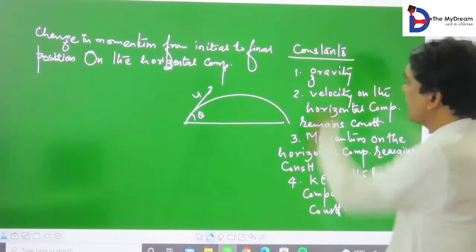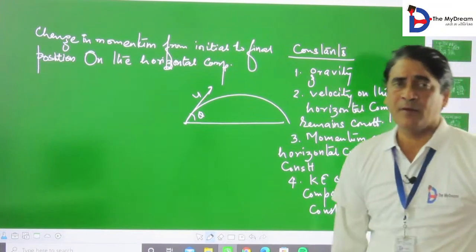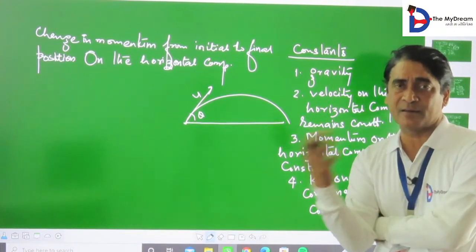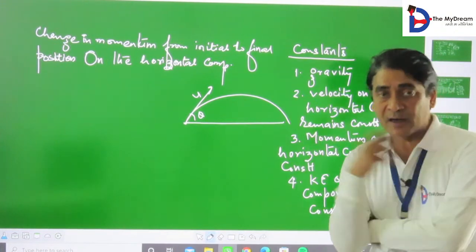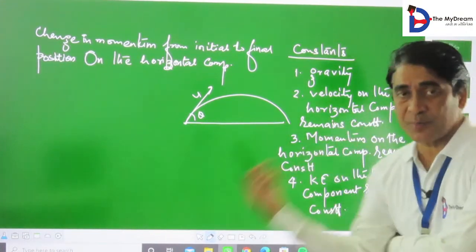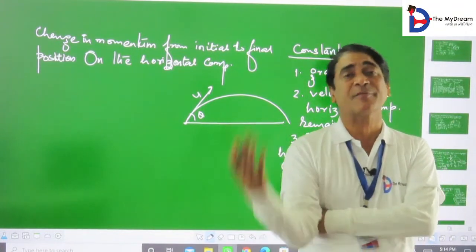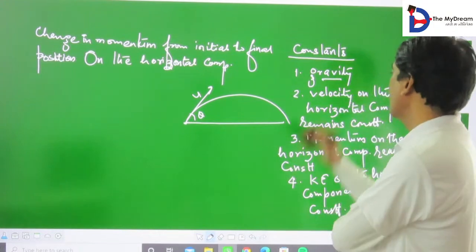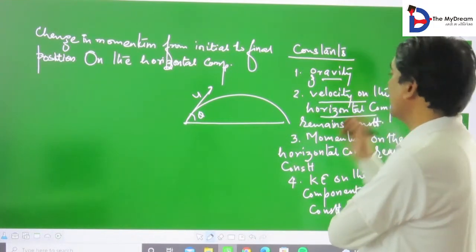These are some physical quantities when we are talking about the projectile motion. जब हम projectile motion की बातें करते हैं, near the surface of earth की बात कर रहे हैं, when an object is thrown obliquely near the surface of earth, gravity does not vary. Velocity on the horizontal component remains constant.